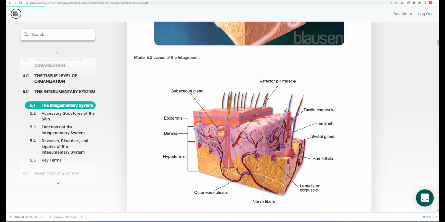But throughout your dermis, there are smooth muscles called erector pili muscles. And in fact, every hair on your body surface is attached to one of these erector pili muscles. And this is what allows your hair to stand erect when you're scared.